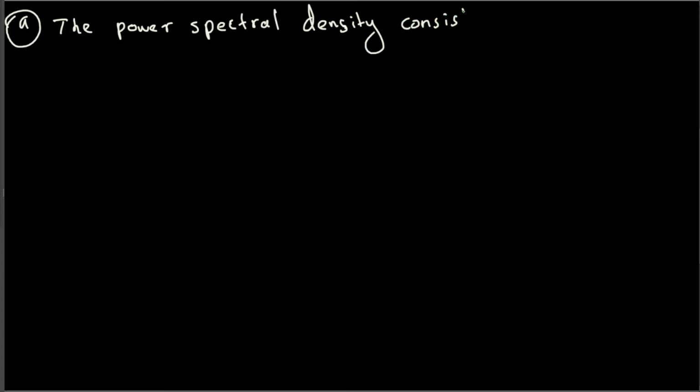So A part, the power spectral density consists of two components.